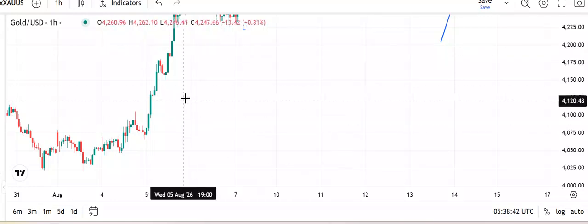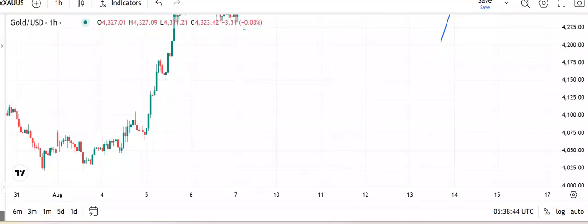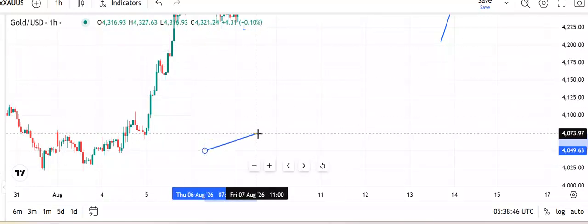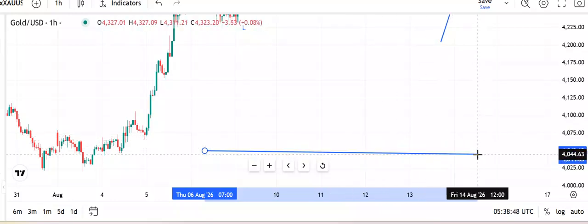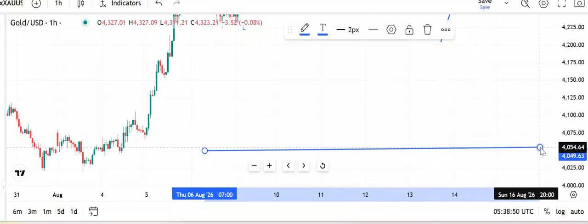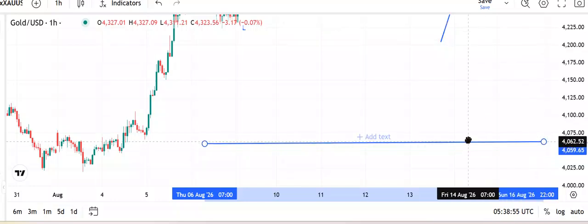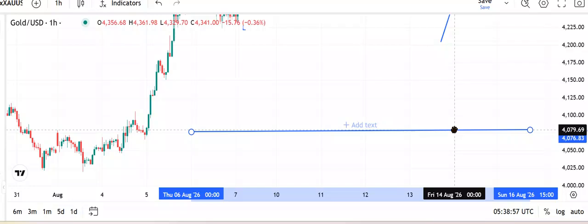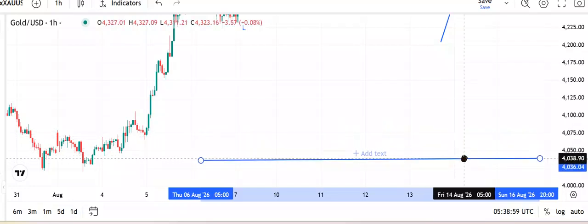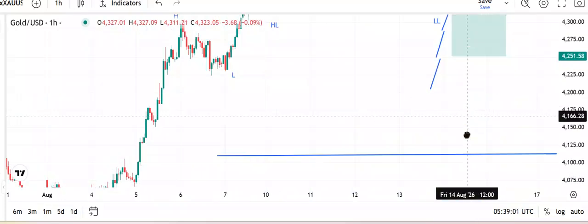But if we expect price to really go down, you might be seeing price drop as low as 4,000 and possibly 4,078 or possibly 4,039.